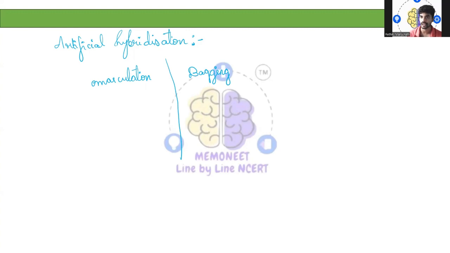In emasculation, if the flower is bisexual, that means both male and female parts are present, you remove the anthers from the flower with the help of forceps before they discharge the pollen grains. This is called emasculation.